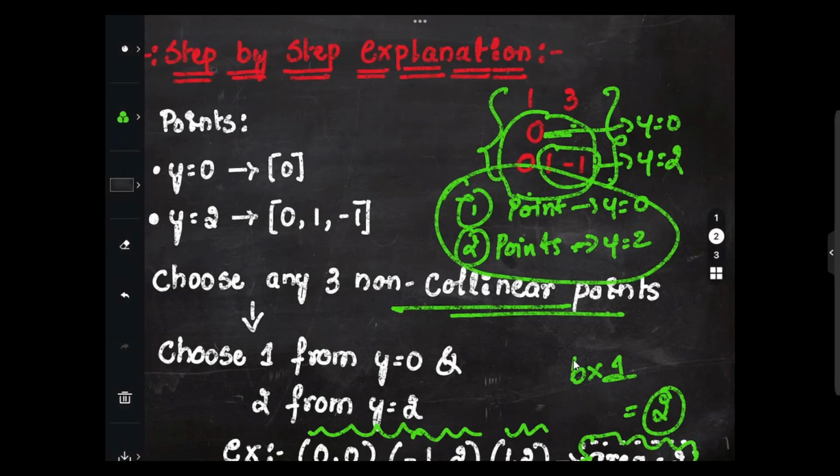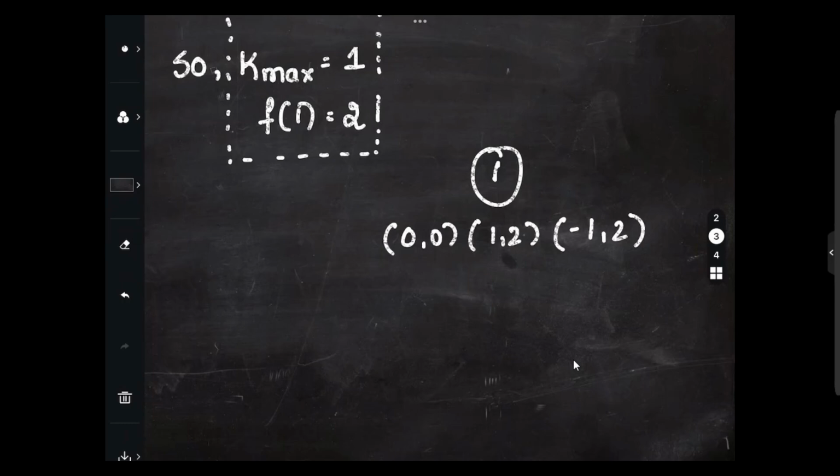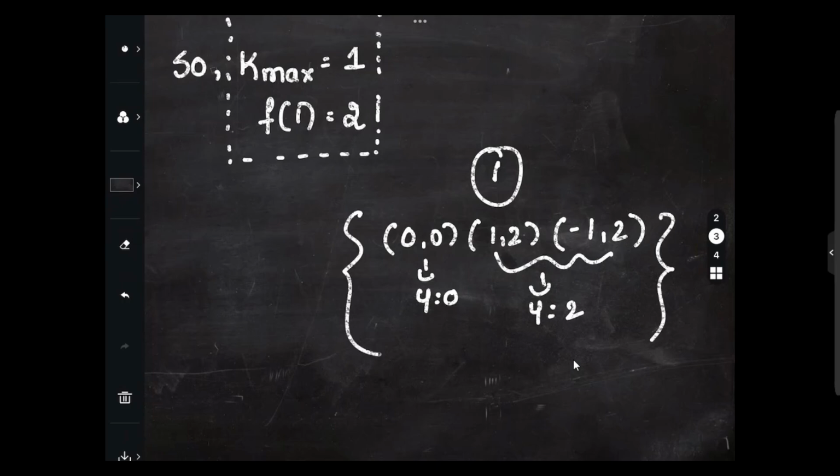So let's move on with the next step here. The number of triangles that could be formed is 1. The points that we considered are 0 comma 0, 1 comma 2, and minus 1 comma 2. So this came from y equals 0 and these two came from y equals 2, right? So only one triangle could be formed.